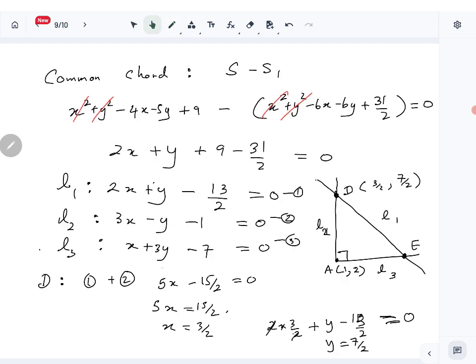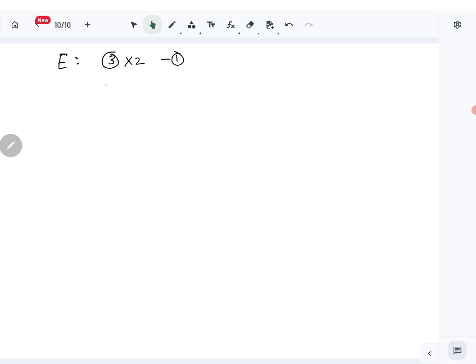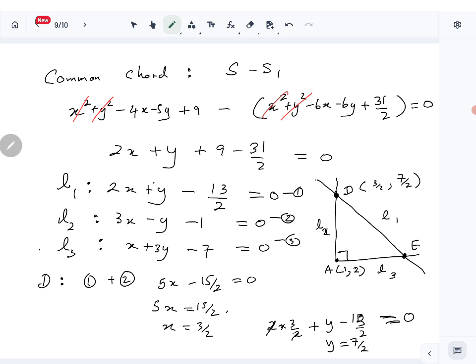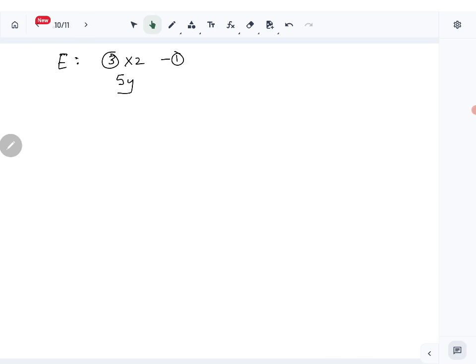So 2x and 2x cancel, 6y minus y becomes 5y, minus 14 plus 13 over 2 equals 0.